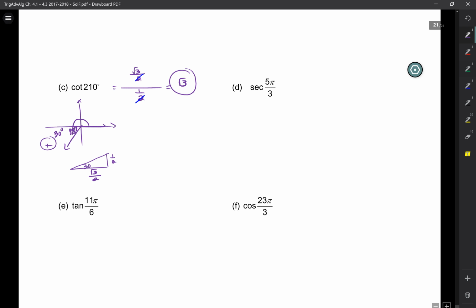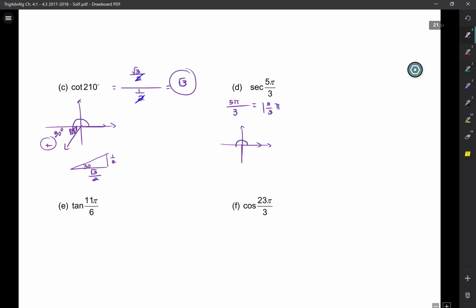Secant of 5 pi over 3. Remember why I was making you draw all these angles? Well, this is why. This is 1 and another 2/3 pi.